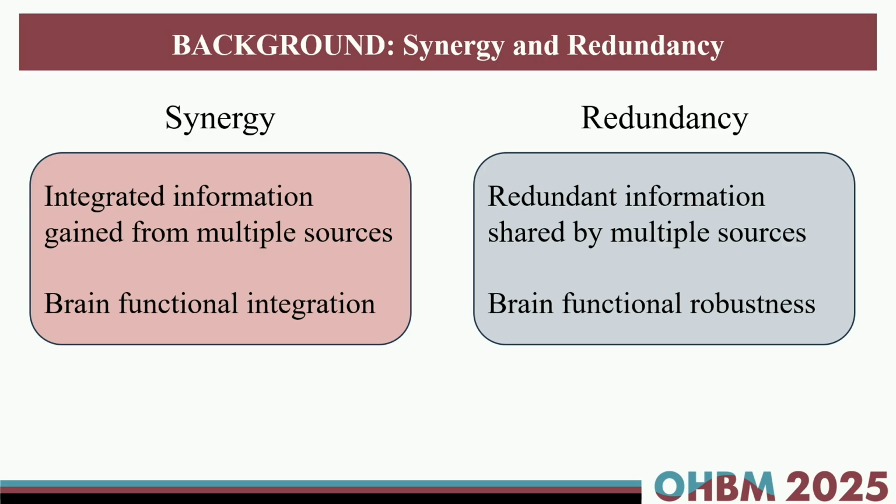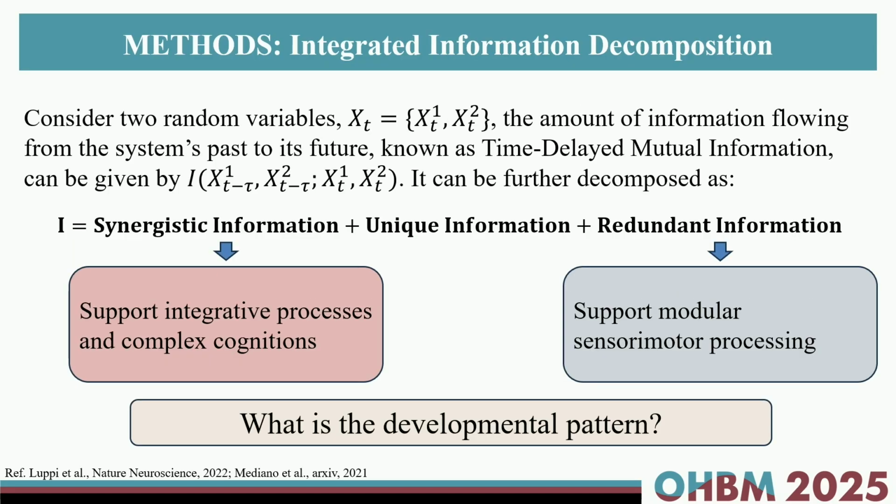In the neuroscience field, brain synergy can represent the process of functional integration. On the other hand, redundant information is the shared information from multiple sources, and it contributes to the functional robustness of the brain system. Based on the recently proposed integrated information decomposition theory, the information between two brain regions can be further decomposed into three components: the synergetic information, unique information, and redundant information.